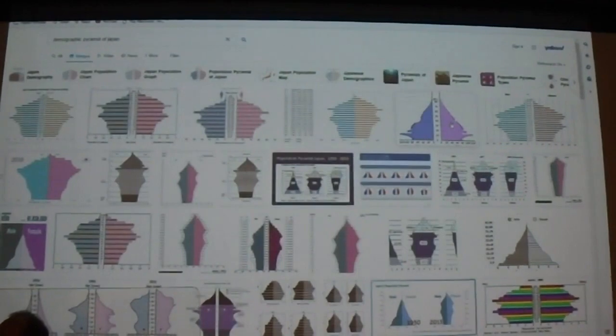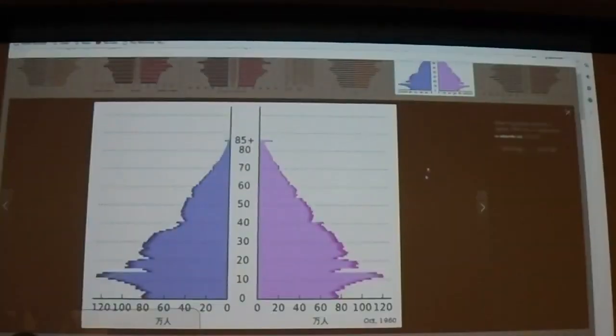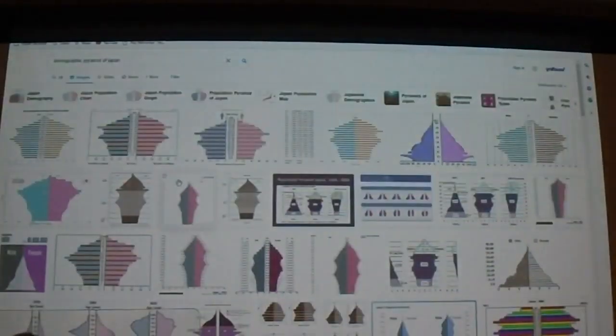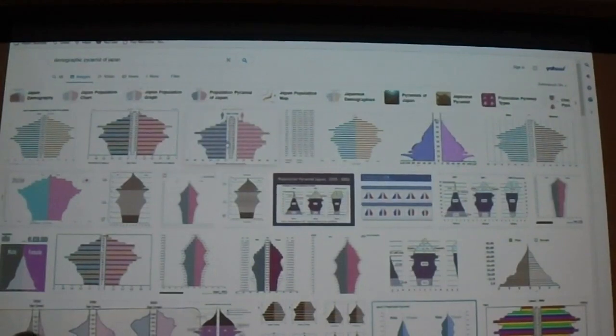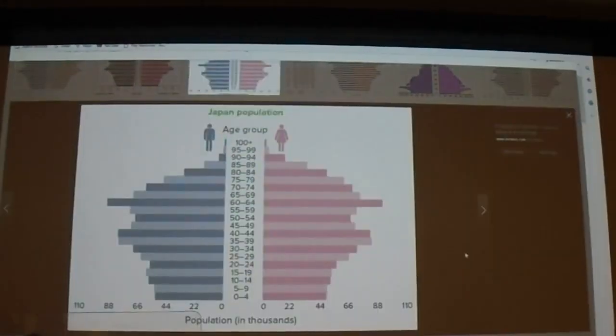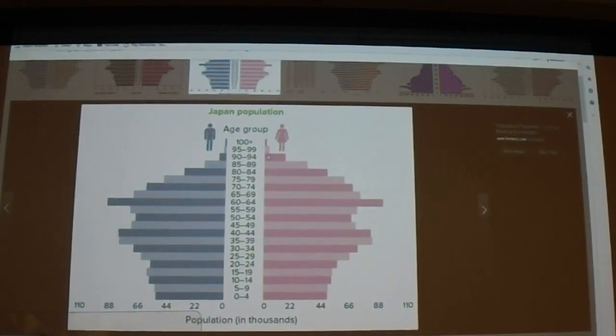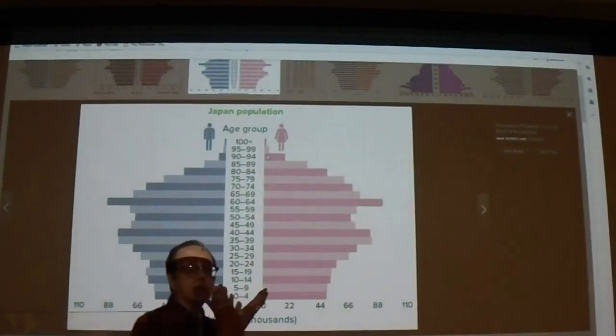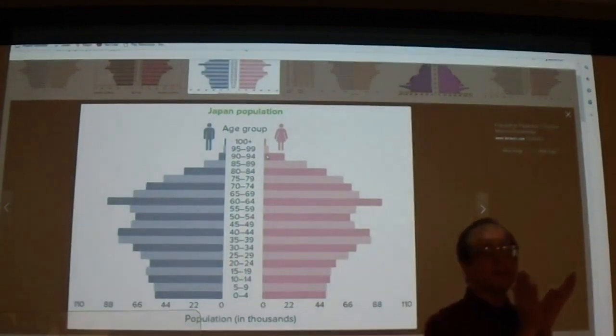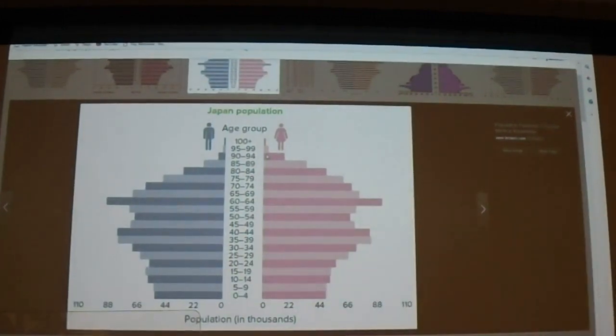Let's pick this one. It's the same thing. You have relatively few young people in comparison with the older people. It looks like a sphere, but as these older people die, it's going to turn into an upside down pyramid, with a lot of old people at the top and relatively few young people at the bottom. This is causing problems in Japan.